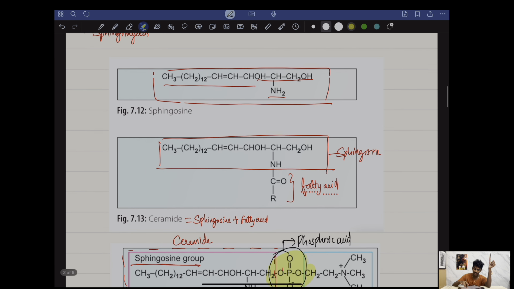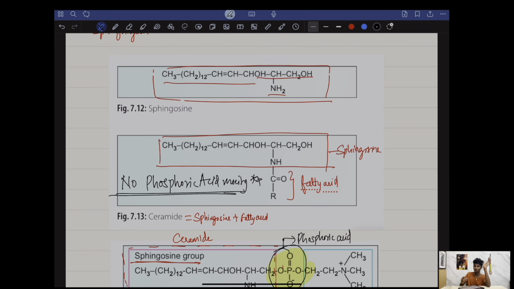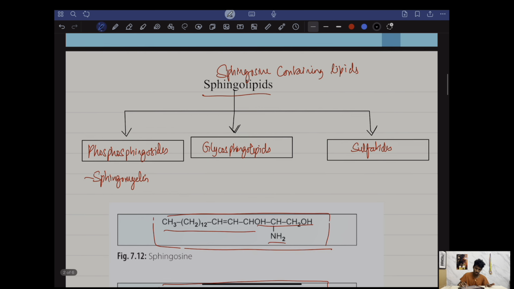But in the case of a ceramide, there is no phosphoric acid moiety. This is the main difference which I want you to analyze very carefully. Is it clear?